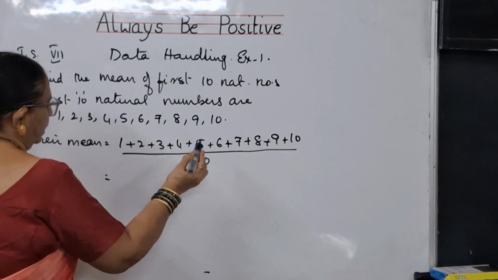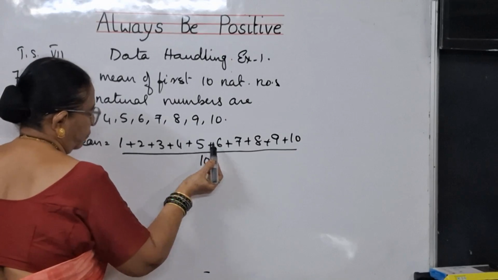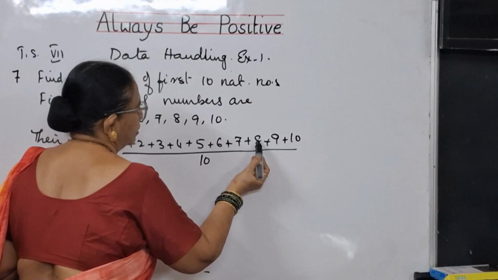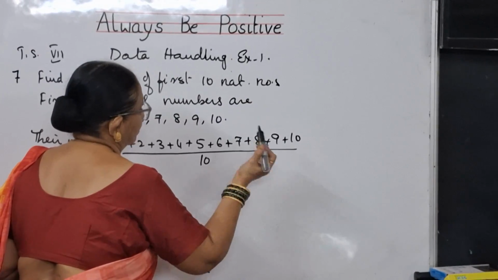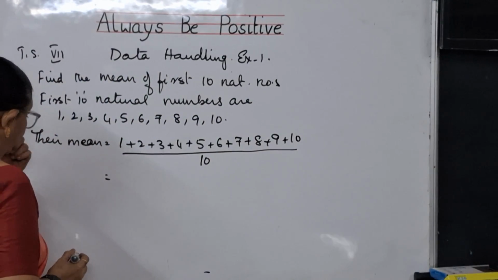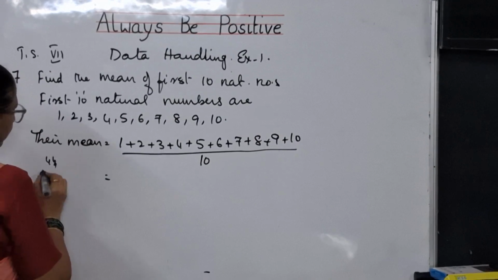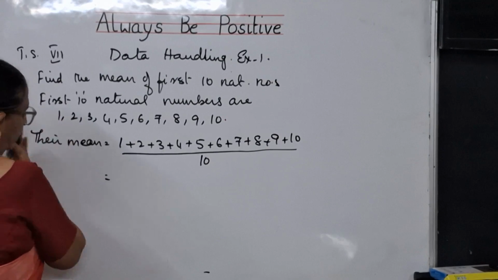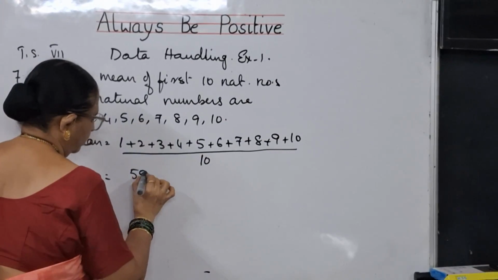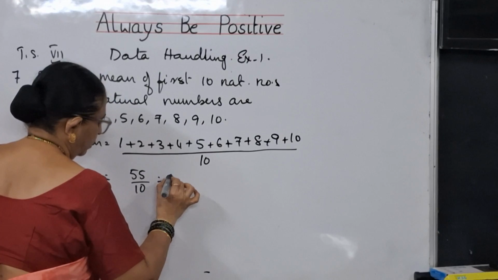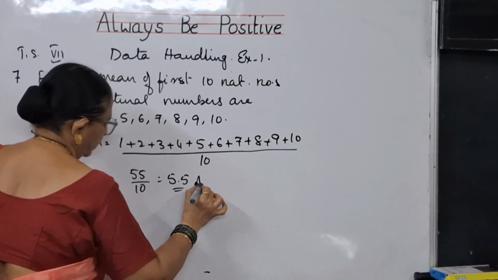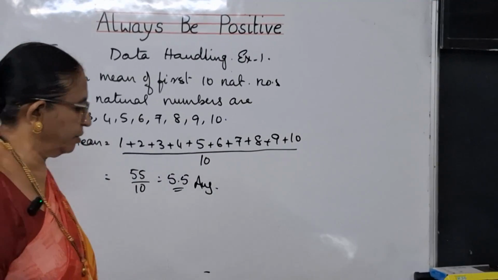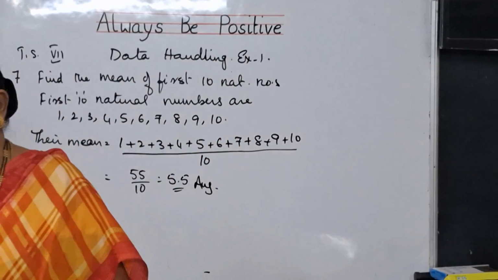So add this: 3, 6, 10, 15, 21, 28, 36, 45, 45 plus 9, 55 you are getting. So the total is 55 by 10, which is nothing but 5.5. 5.5 is the mean of first 10 natural numbers. This is the answer for 7th problem, children.